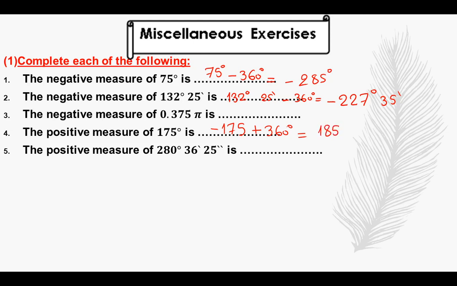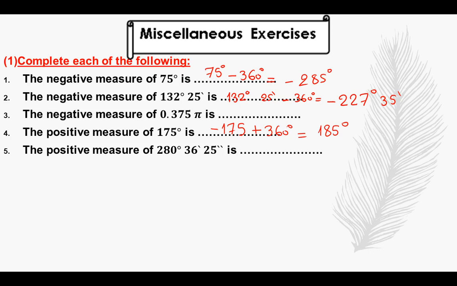By using your calculator, this equals 185 degrees. The positive measure of negative 280 degrees, 36 minutes and 25 seconds. Again, by using your calculator, we want to find the positive measure, so we will add 360.